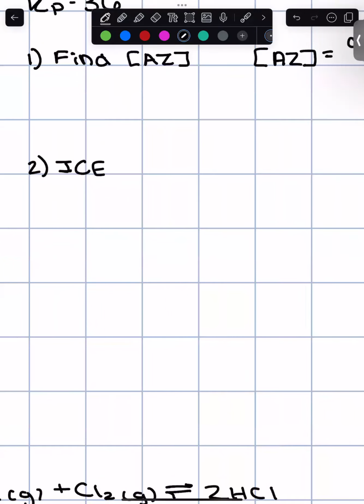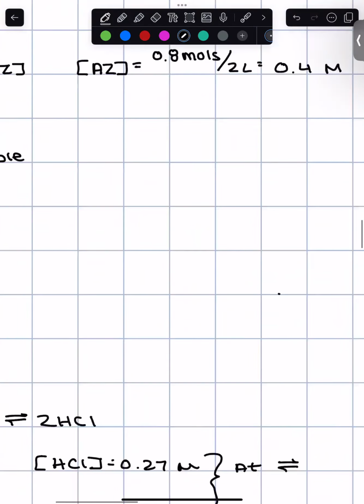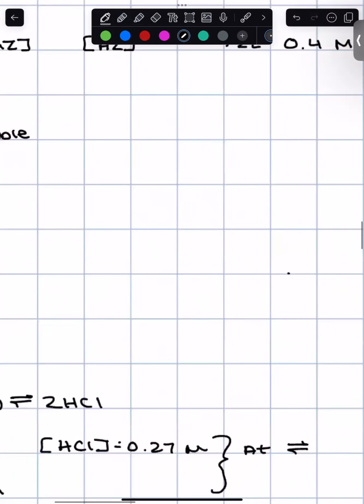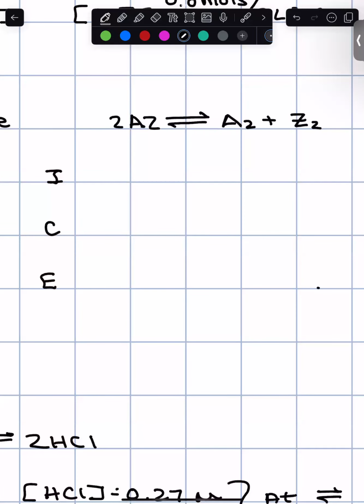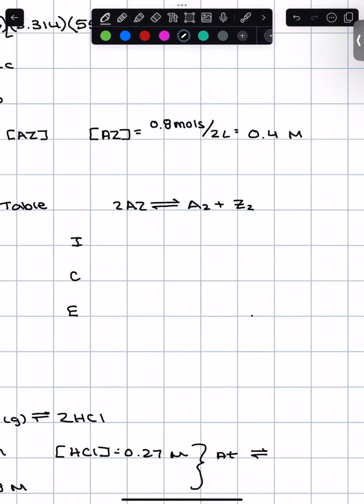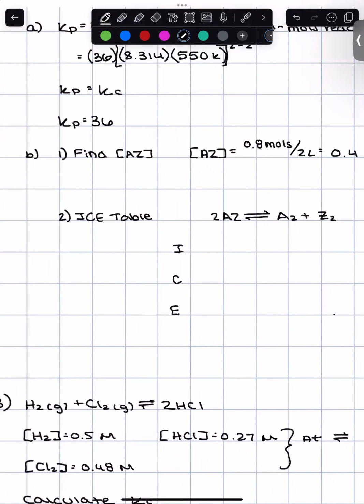Okay. Now, ice table. So we have 2Az producing A2 plus Z2. All right, I, C, E. So I, initial, what are you starting with? 0.4 molar.